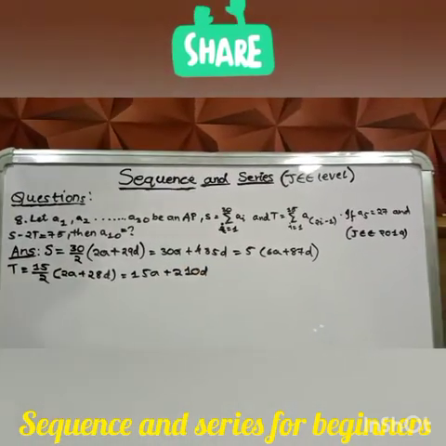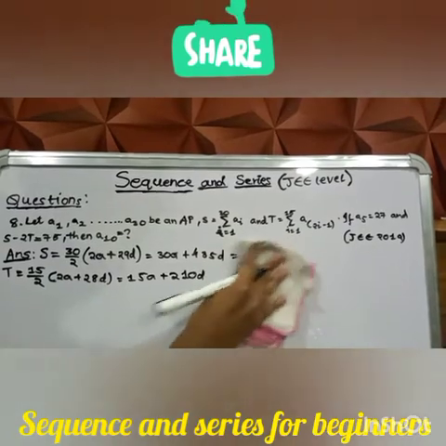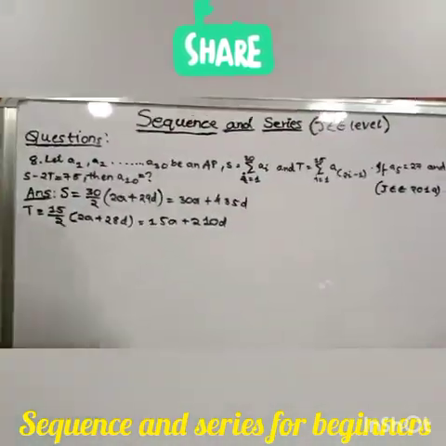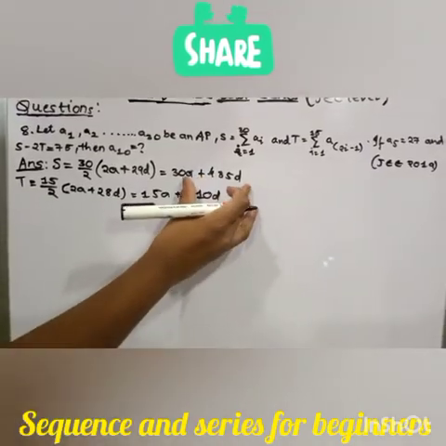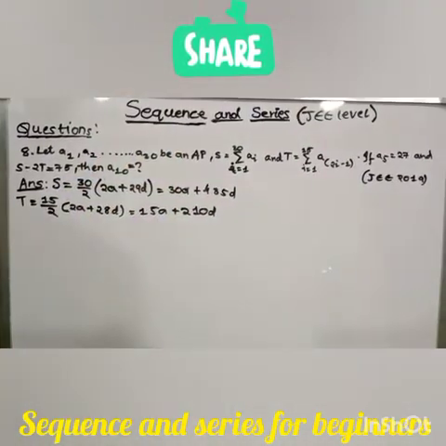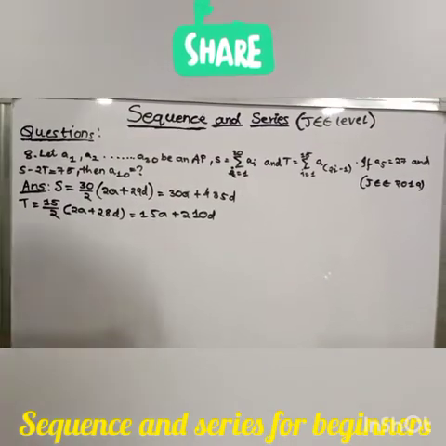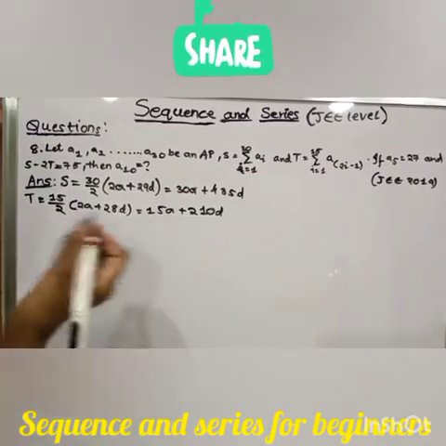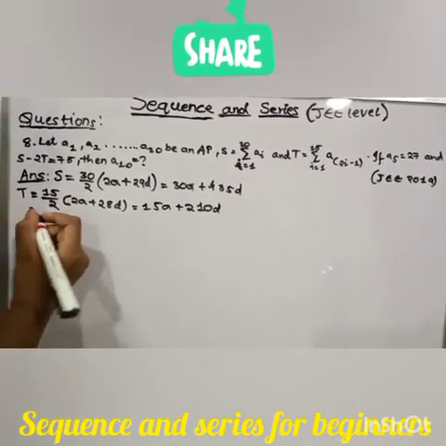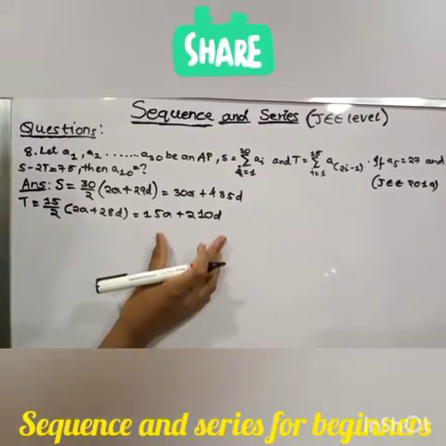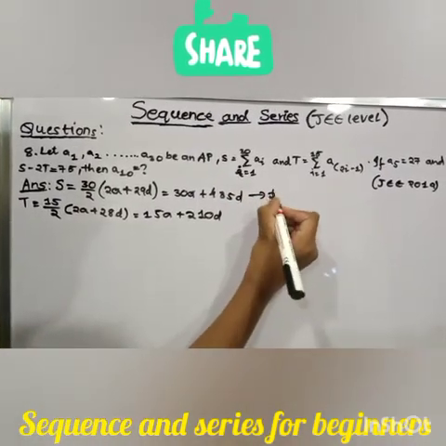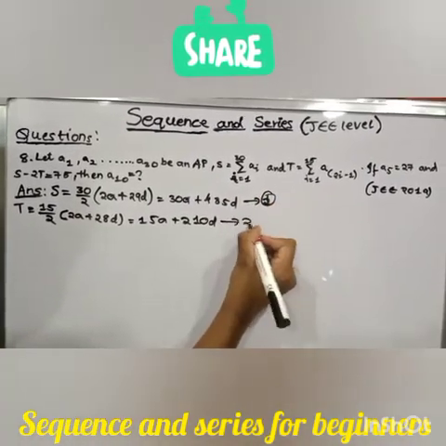Let me just erase. So what can we do now? 2 variables, 2 equations. We can solve for A and D and finally get A10. Okay, we can take twice of this, and let's take this as equation 1, this as equation 2.